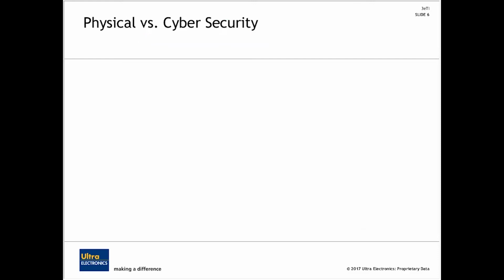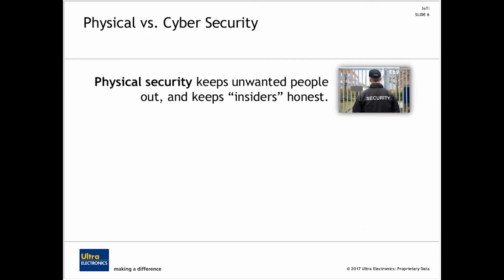So there's traditionally a separation between physical security and cybersecurity. Physical security, we talk about fences and card reader access and things of that nature that are very, very physical, very much keeping people out and keeping insiders honest through vetting with a variety of authentication methods.